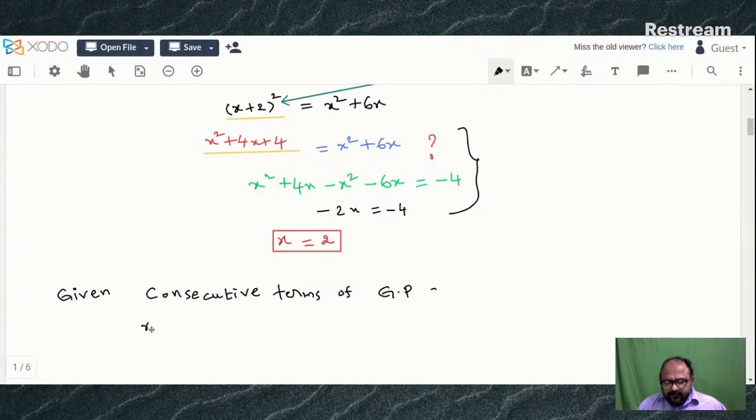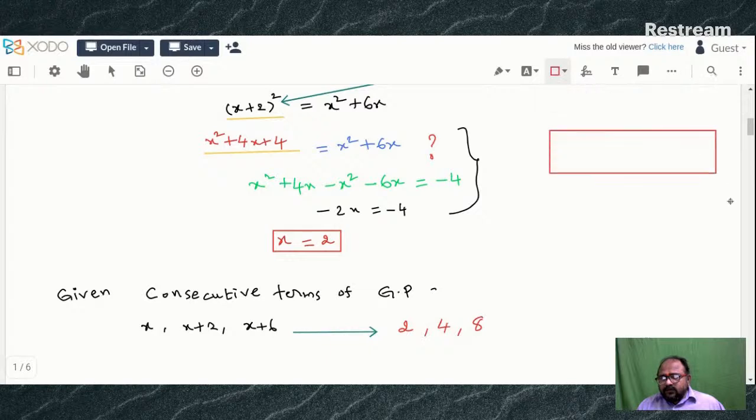They are x, x plus 2, x plus 6. So from this, can you write the consecutive terms which we have got by substituting the value of x equal to 2? So it is 2, 2 plus 2 is 4, 2 plus 6 is 8. So these are the consecutive terms given in the problem.